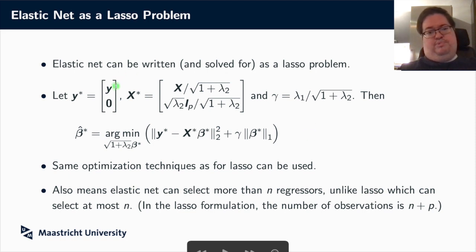What they show in the paper is that we define an artificial data set where we add p zeros below y, and we add the identity matrix scaled by the lambdas below x. Then we solve this Lasso problem, and if we multiply the solution by the square root of 1 plus lambda 2, we get our naive elastic net solution.